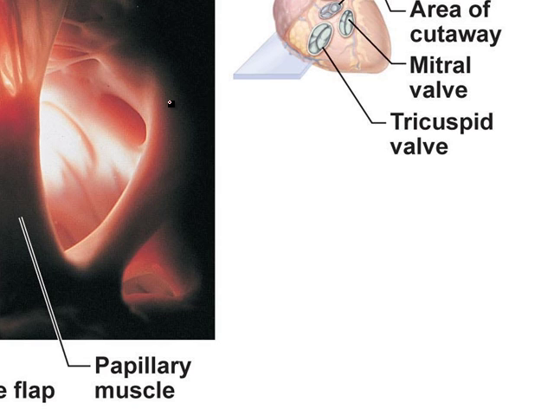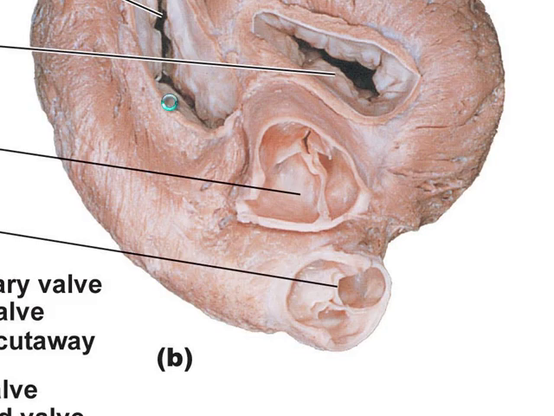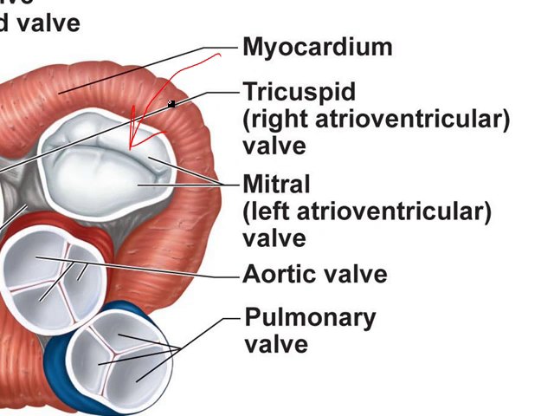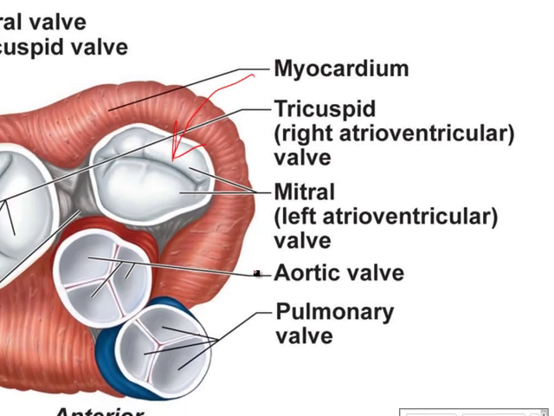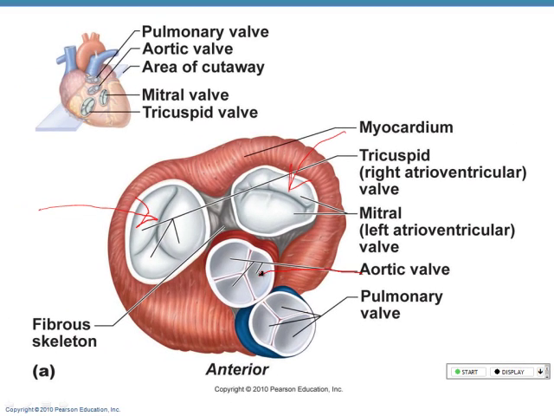The atrioventricular valves. The semilunar valves are going to do the same thing for us, but they are going to be found where? One is going to be found leaving the left ventricle, between the left ventricle and the big artery that leaves the left ventricle. That's called the what? The aorta. So aortic valve or aortic semilunar valve.